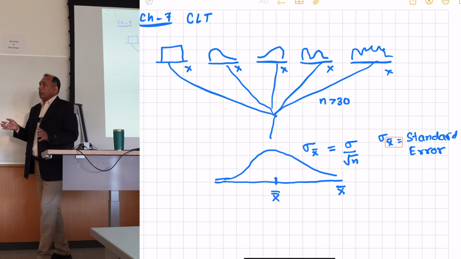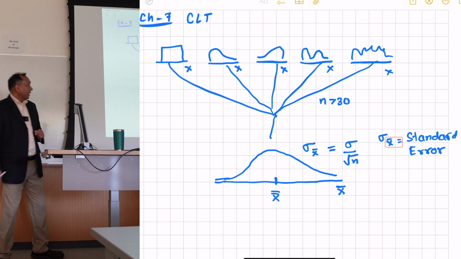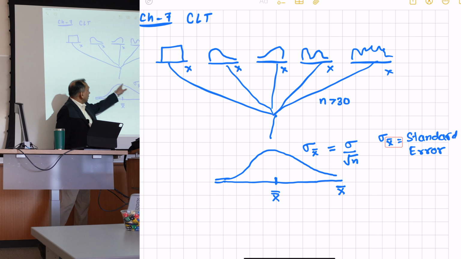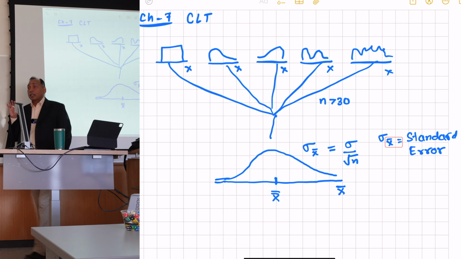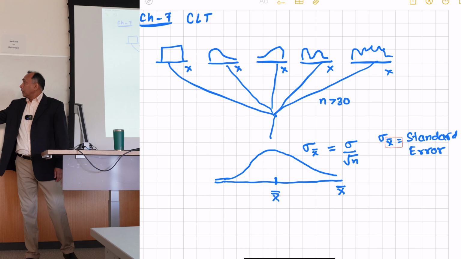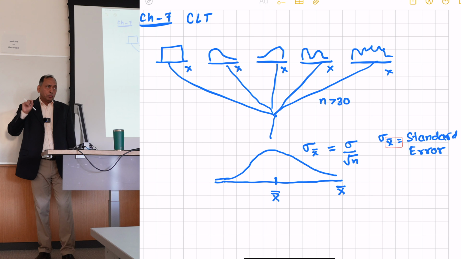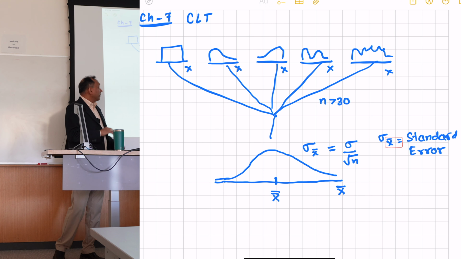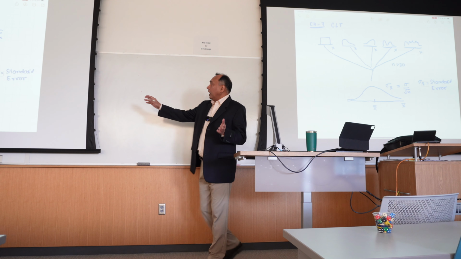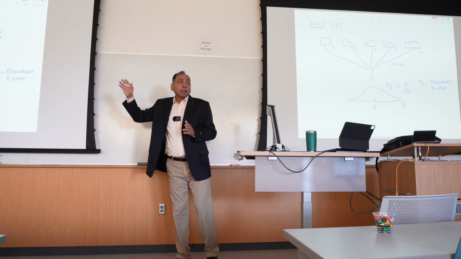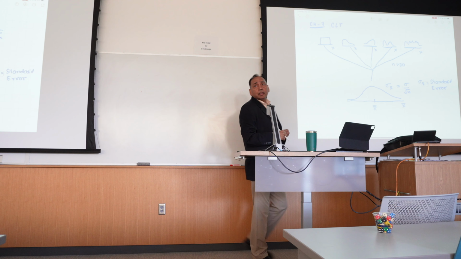We use a different term from standard deviation. It is standard deviation of the distribution of x bars, but it is called standard error, which means it is standard deviation of the means.